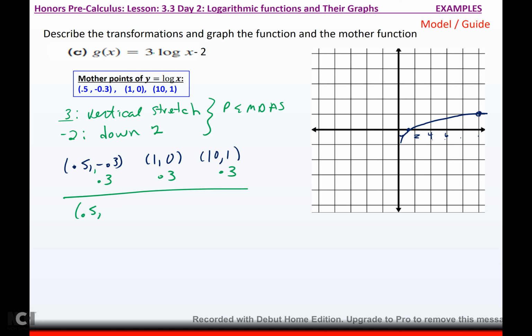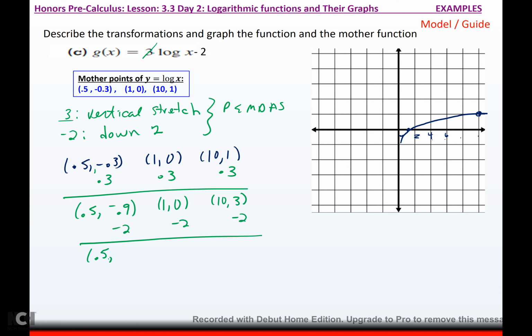And if I do negative 0.3 times 3, I get negative 0.9. This will be 1, 0. This will be 10, 3. And that's done. So now I have to minus 2 from my y's.